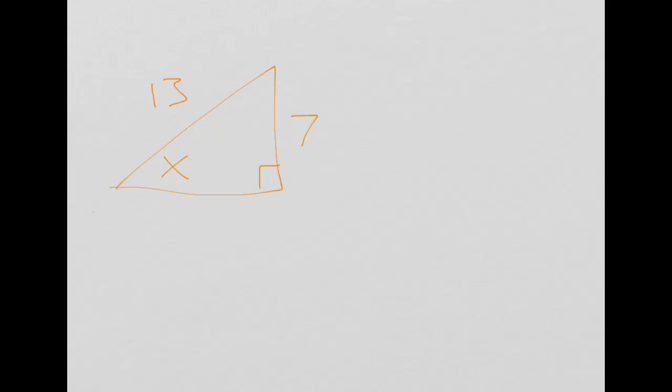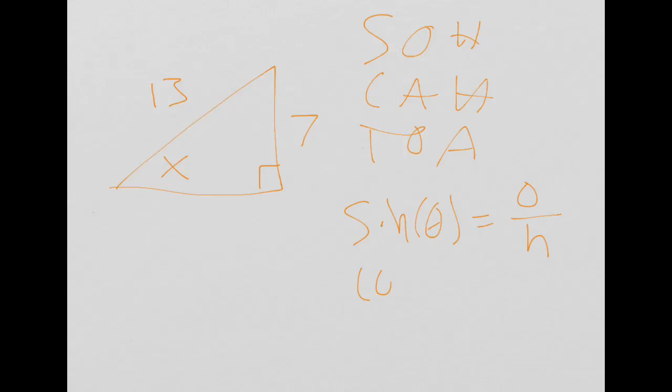We want to find the value of x to the nearest tenth of a degree. Recognize, since we have a right triangle, we can use our basic trig like we've been learning. Remember the phrase we use to remember our trigonometric ratios: SOH CAH TOA, which stands for sine of an angle theta, or x in this case, equals the opposite side over the hypotenuse.